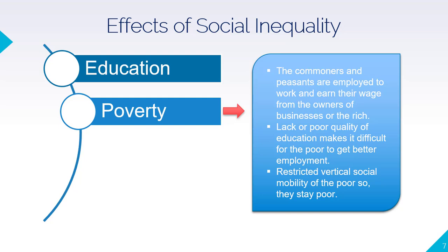This is also true in the aspect of unemployment. The poor, having substandard education or no education at all, cannot land an employment that could help them improve their lives. Aside from that, the poor have restricted vertical mobility in social status and only very few get a chance to change their way of life.